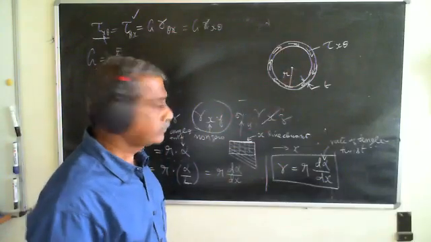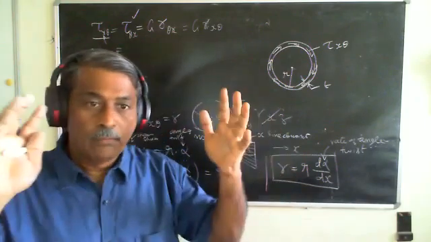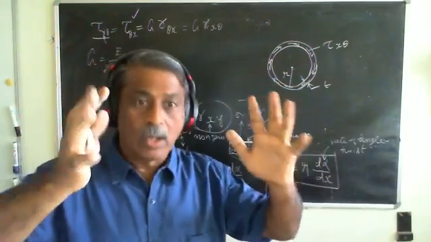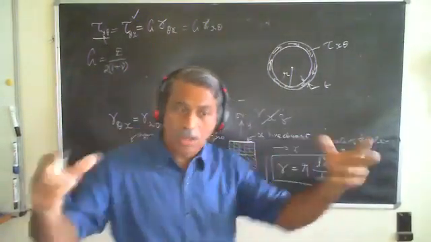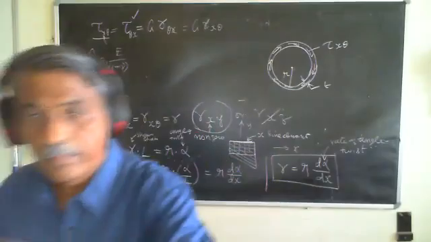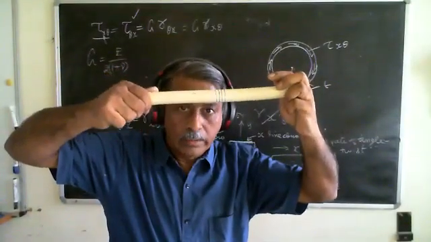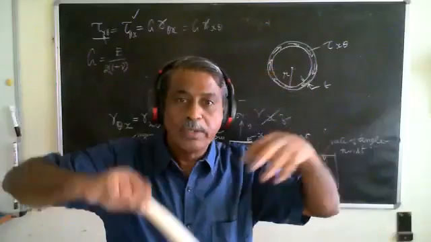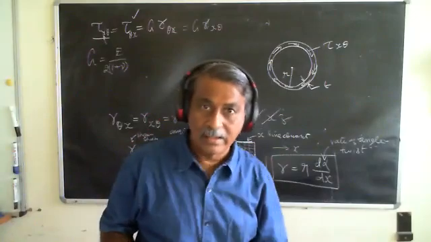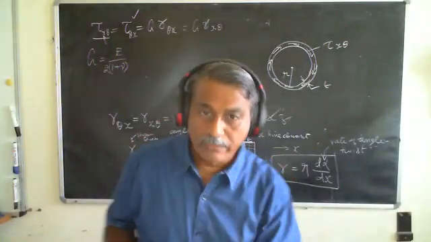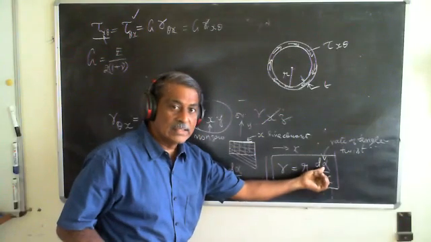What do I need to do? I need to find out if I apply a torque, how much angle of twist will occur in that rod. So if I take this rod and apply a particular known torque, I want to find out how much twist has occurred, in other words, this alpha.